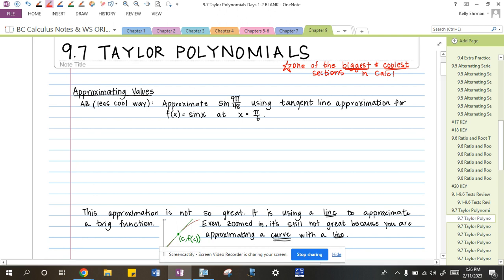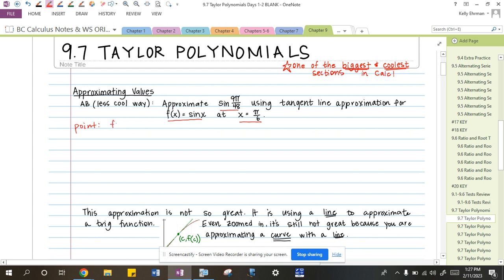So we have been asked a lot, and this is what we do in AB, to approximate a function value using a tangent line approximation. So if I want to approximate the sine of 9 pi over 48 using a tangent line approximation for the function sine of x at this point of tangency, x equals pi over 6, then remember for that we need a point and a slope.